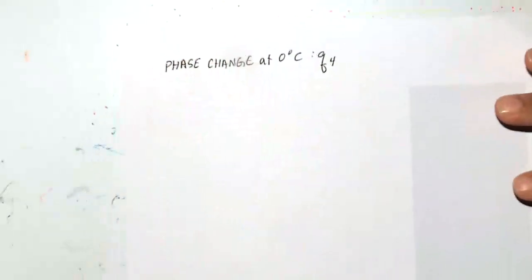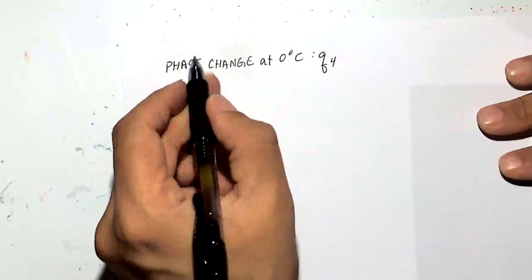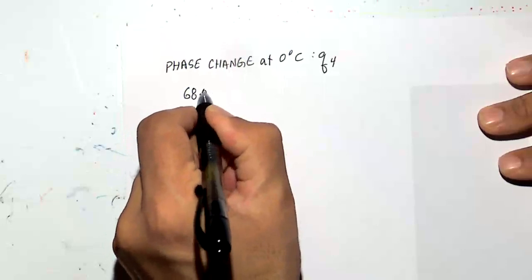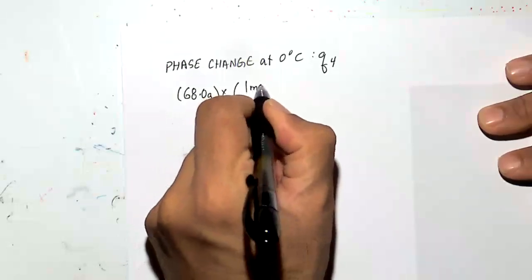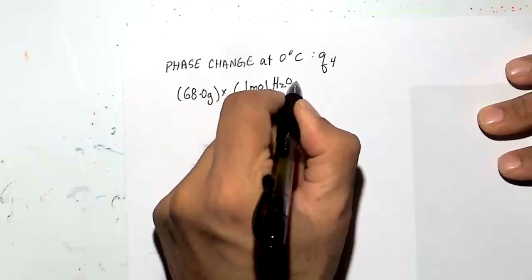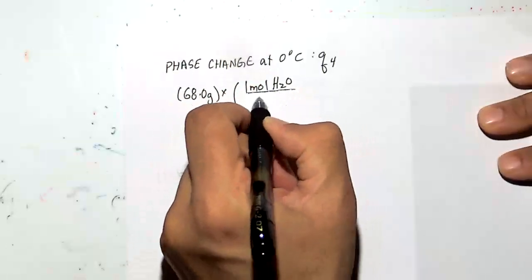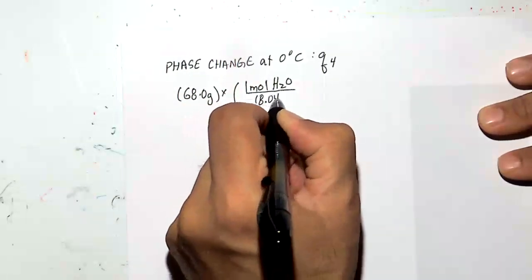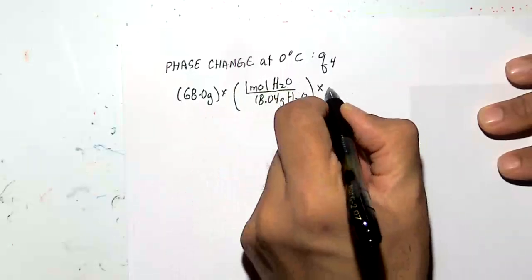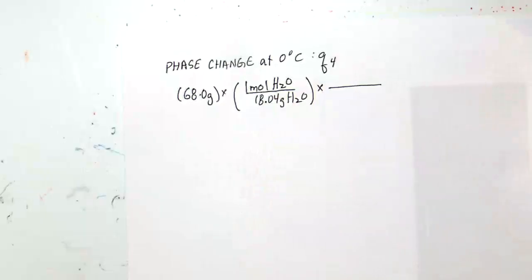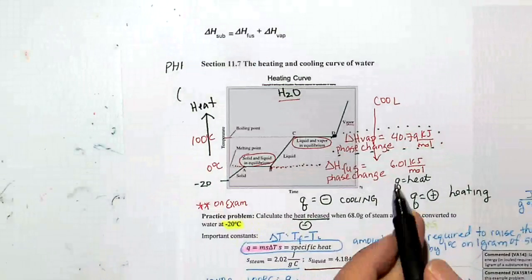Heat 4. So we are at 68 grams of water, times 1 mole of water is 18.04 grams of water. And what is this that we will multiply by?